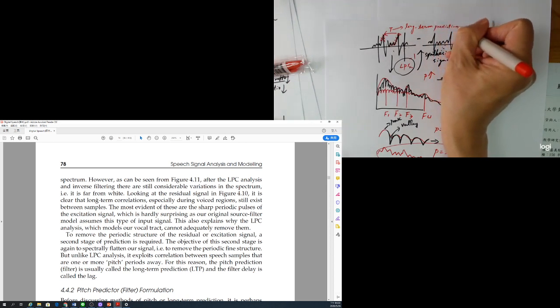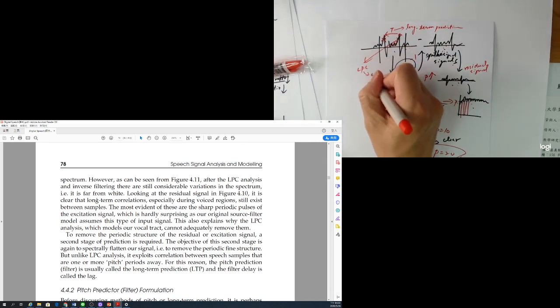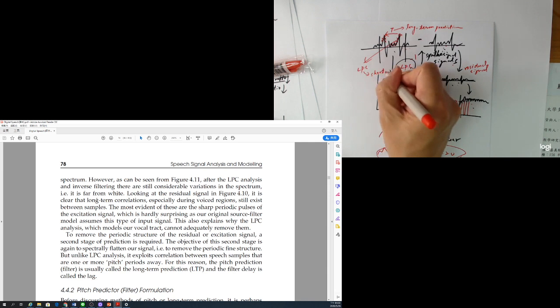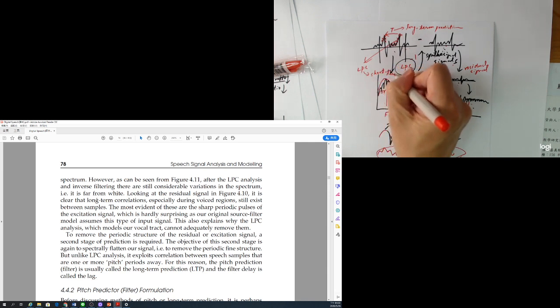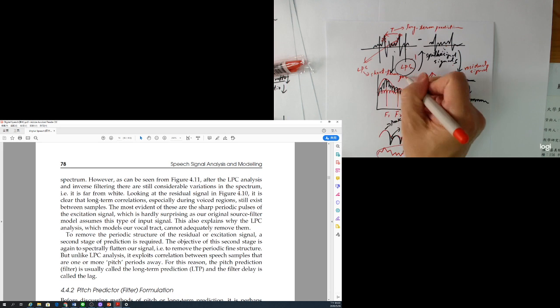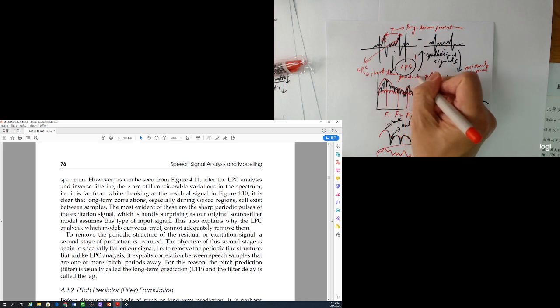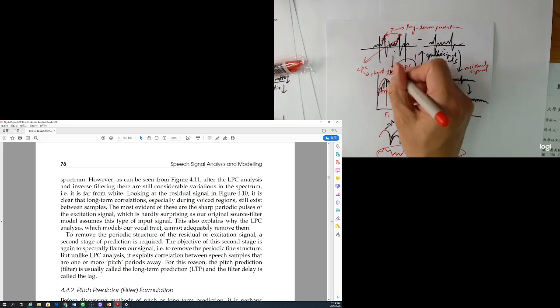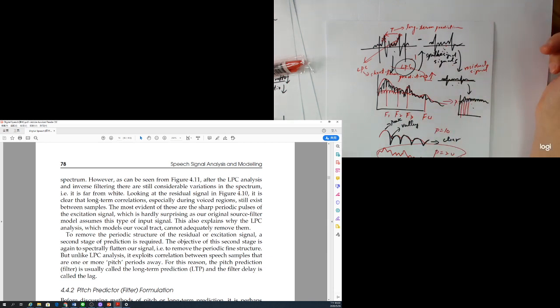LPC we call a short-term prediction, because it uses the neighboring, previous samples to do the prediction. For long-term prediction, there is correlation between samples during the voice.